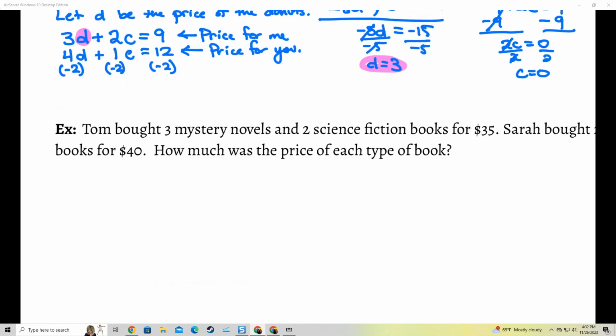Let M represent the price of a mystery book.